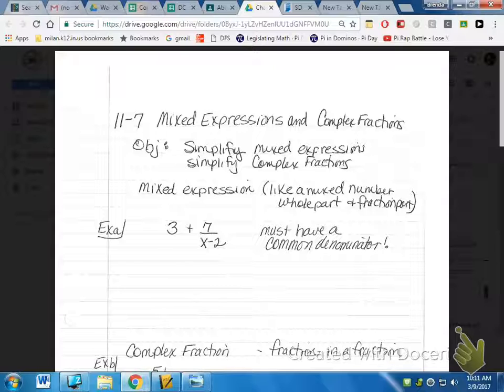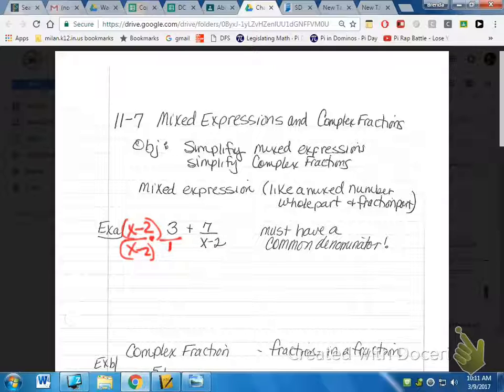So the good thing is the 3 is really over what number? 1. So that's good. To make it have the denominator of x minus 2, you're going to multiply the top and bottom times x minus 2.